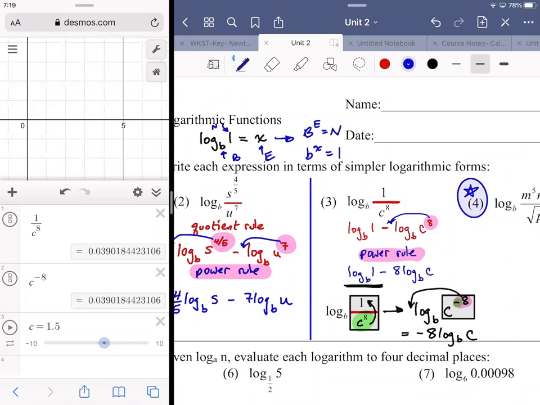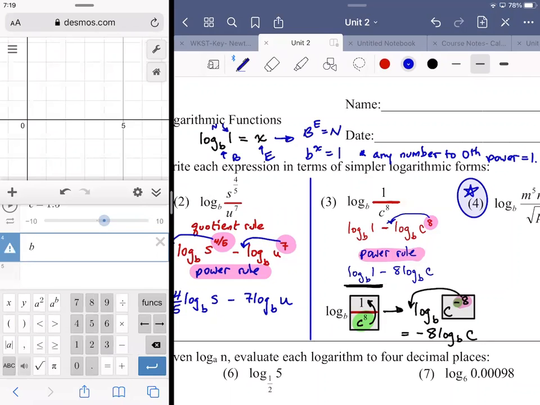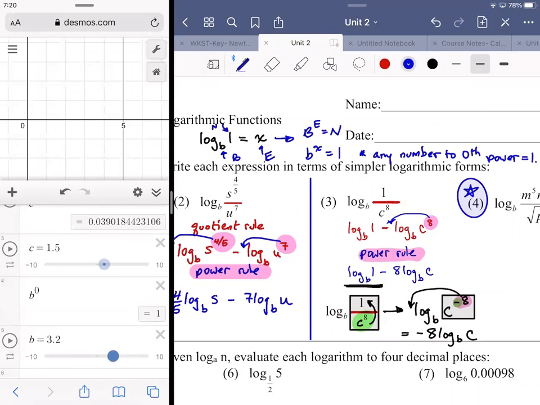Well, any number to the 0th power is equal to 1. So if I take some number B and raise it to the 0th power, I can put my slider wherever I want.